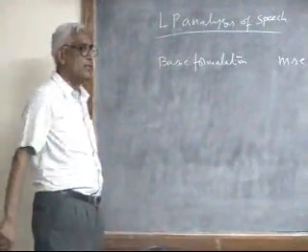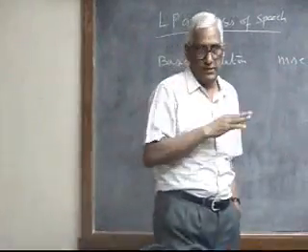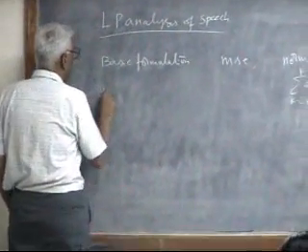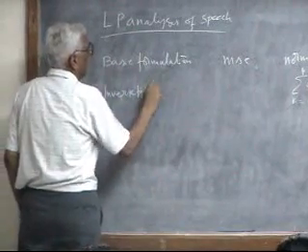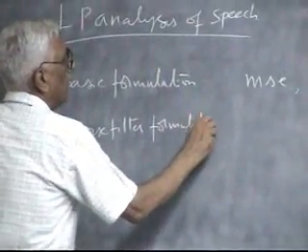And in the last class we discussed in detail the other formulations or interpretations, whichever way you want to look at it. I am not going to repeat any of them. One is the inverse filter formulation or interpretation.